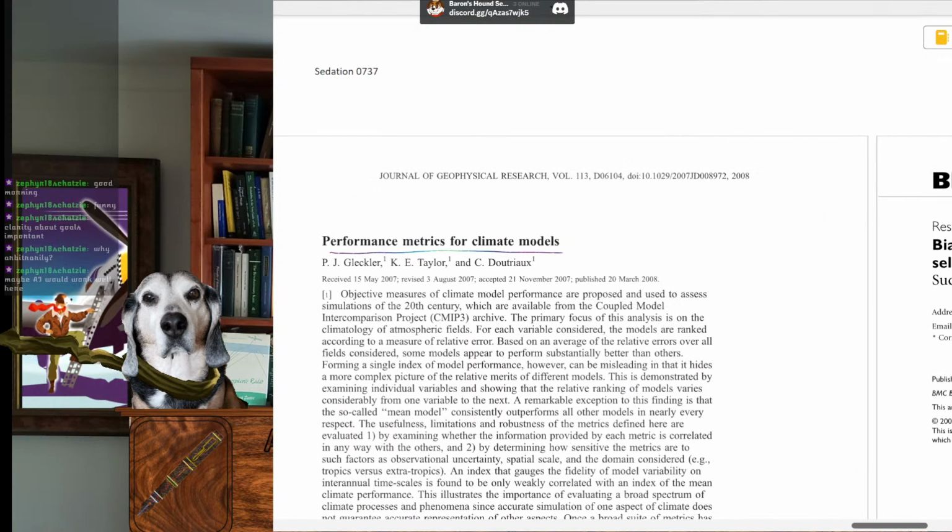This came out in 2007, or 2008 it was published. So I'm curious to see what has happened since 2008. We'll look for papers that reference this and see where the concept goes, see how it evolves across different areas. I think that would be super interesting.